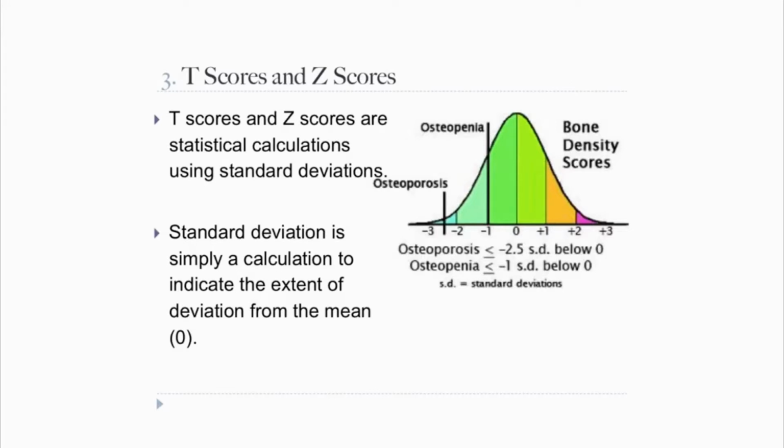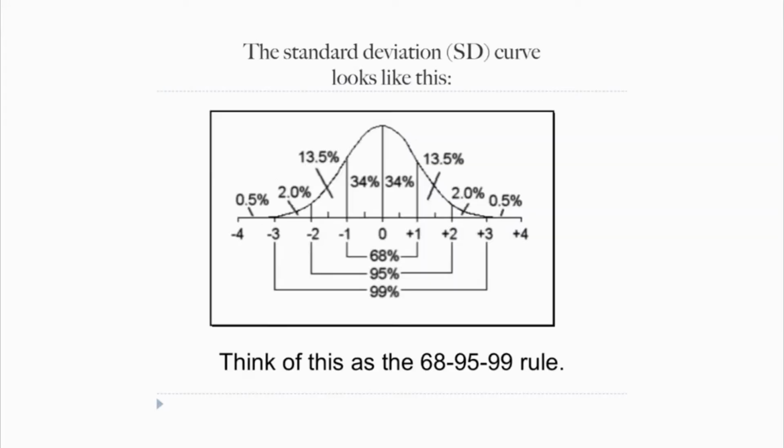Now what this means practically, if you look at this second chart, you'll see that 68% of the population falls within one standard deviation. So if you take a young population, 30 years old, for example, 68% of that population will have a bone density that is within one standard deviation of the average, either one standard deviation higher to one standard deviation lower.